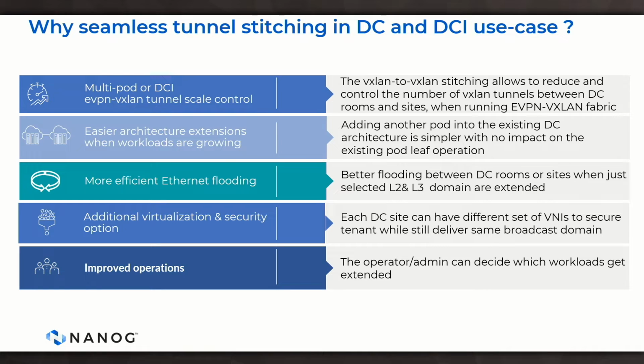Any stitching functions that we will see later on especially make sense when you deploy EVPN-VXLAN inside the fabric. It means that you have your leaf-spine, super spine, or leaf-spine-leaf, three-stage IP closed fabric in the LAN, and then you have to deliver the interconnectivity with one site or multiple sites, right?